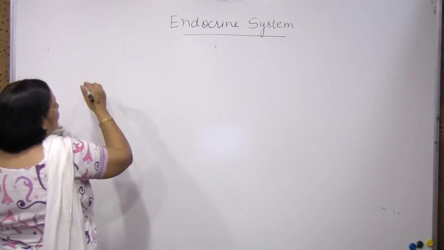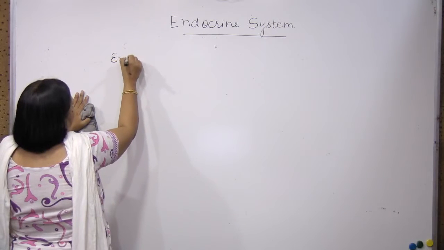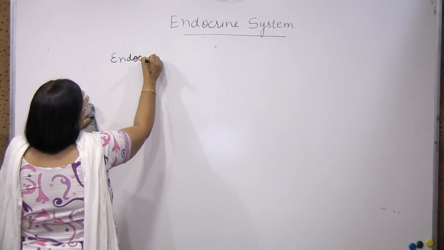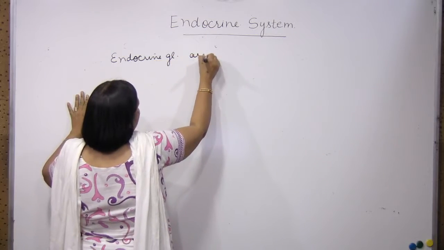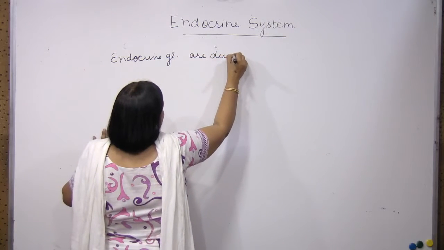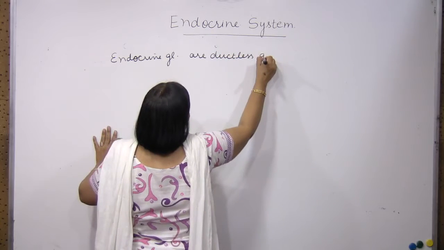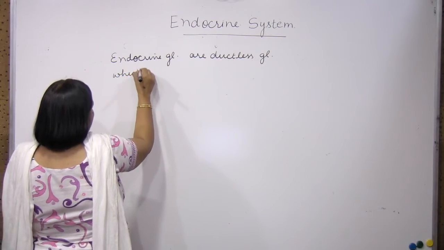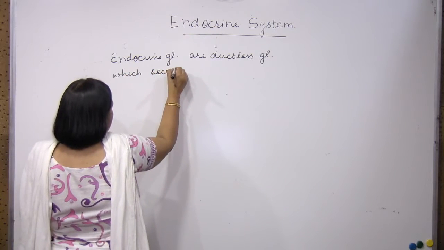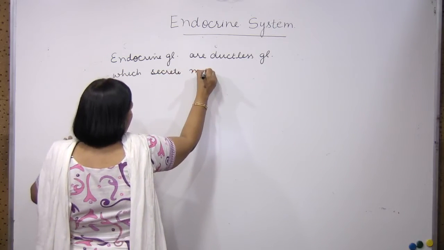So, how can you now define endocrine glands? Endocrine glands are ductless glands which secrete mainly hormones.